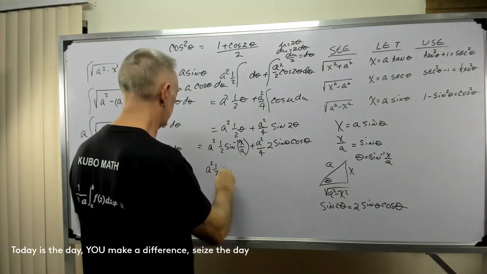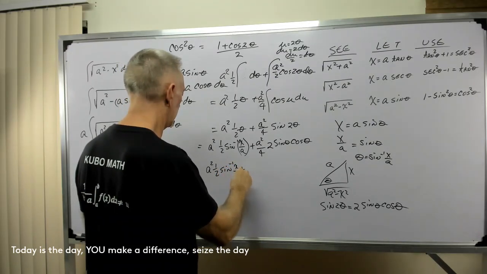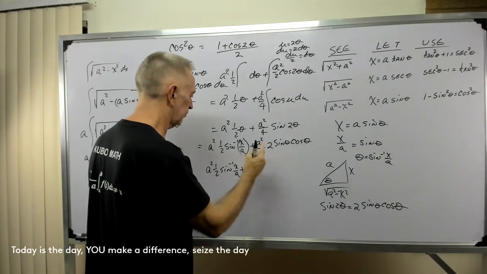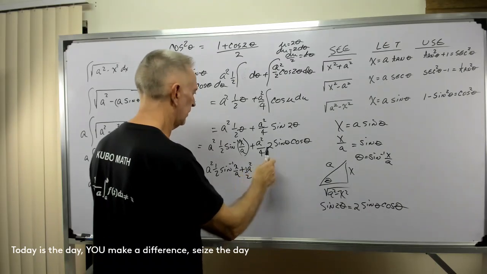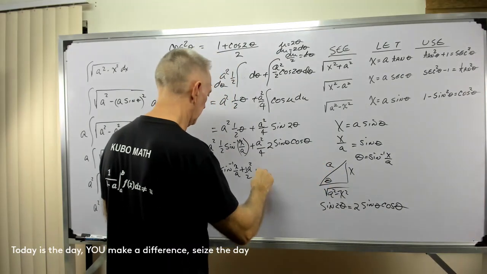times 1/2 sine inverse x over a plus a squared. I know I could factor that out. 2 over 4 gives me a 2 here, so I have another 1/2. Sine theta, sine is x over a.